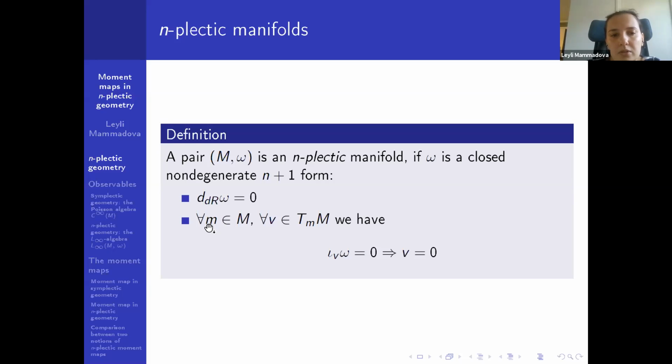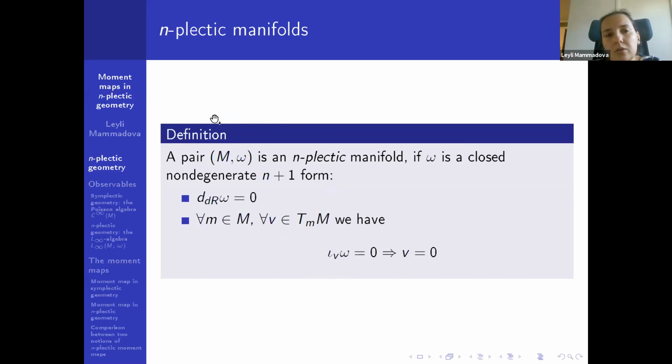At every point of the manifold, if you plug any vector from the tangent space at that point into your form and you get 0, then that means your vector must be 0. So basically only zero vectors contracted with omega give you zero. And this is true at every point.